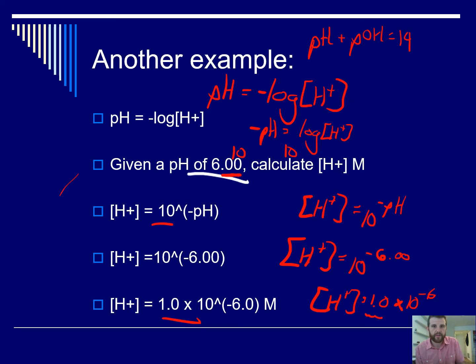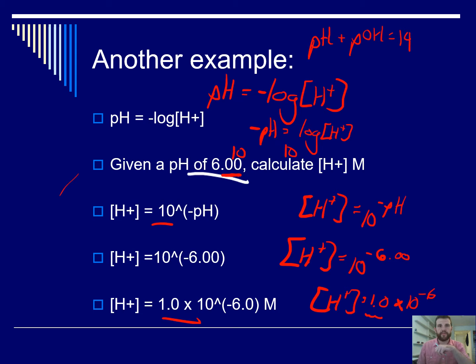Basically, I give these guys base 10, so my concentration of H+ ends up being 10 to the negative pH when I back solve this. So if I know my pH is 6.00, I know my concentration of H+ is going to be 10 to the negative 6.00, or in scientific notation, 1.0 times 10 to the negative 6, with 2 sig figs.